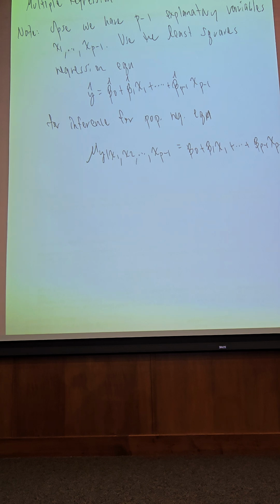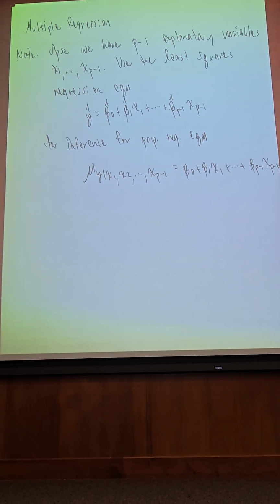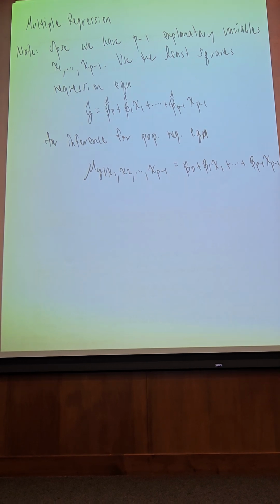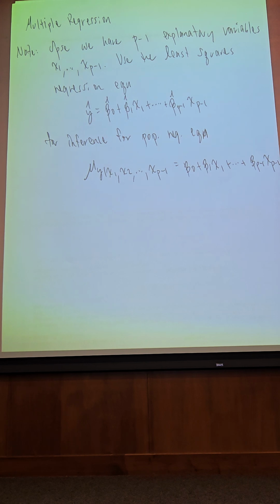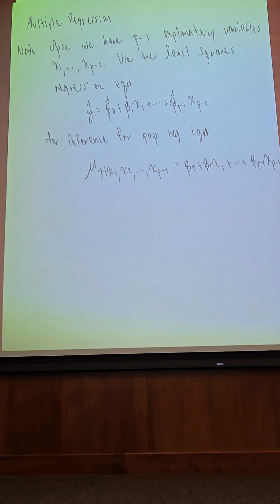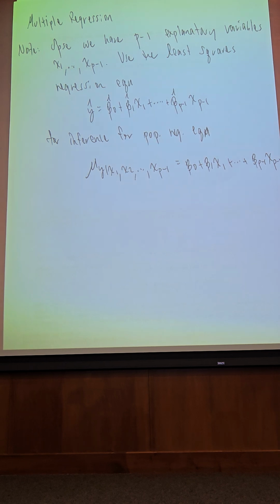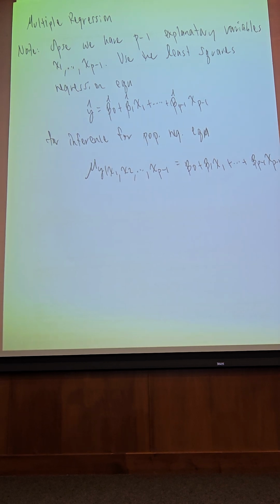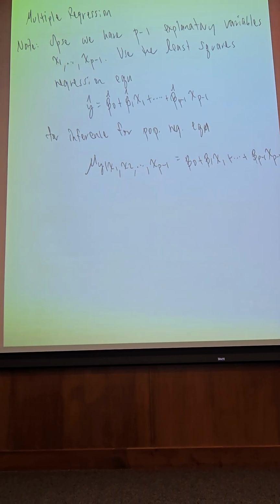But now, when you step back and think about what we're doing, this is going to make your head explode a little bit. When I have a single explanatory variable x and a single response variable y, what we did before was we made a scatter plot of the points and we fit a nice line through the center of the data. Okay. What if I have two explanatory variables?